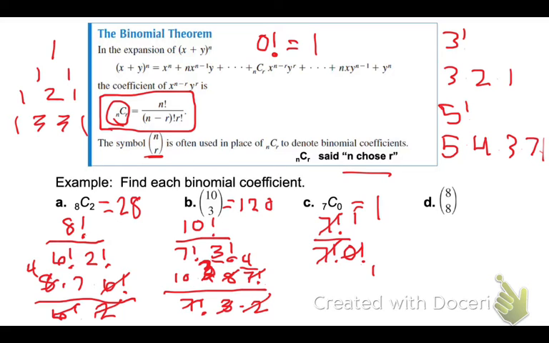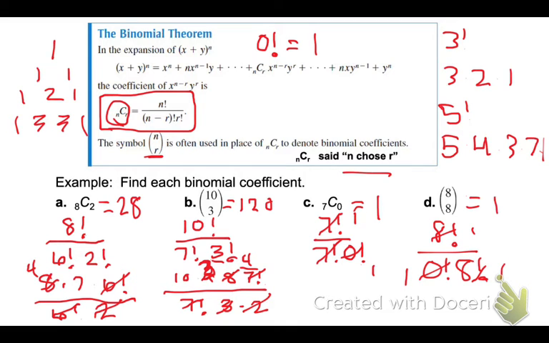Callie, what'd you get? 1. What'd you get, Kendra? 1. It's actually almost the same exact setup as the one next to it, correct? But it would be 0 factorial, 8 factorial, right? You're putting it in order, but it's multiplication, so it really doesn't matter, does it? So you get a whole bunch of 1s.